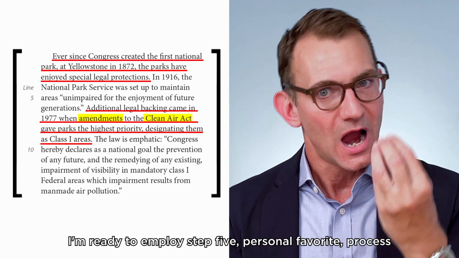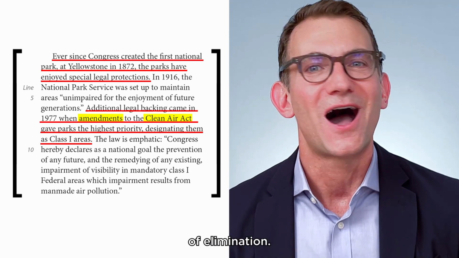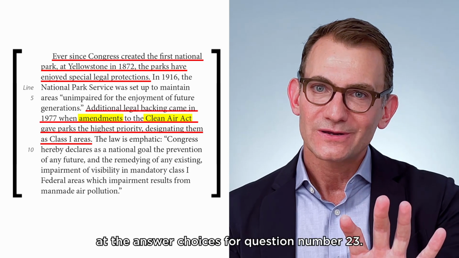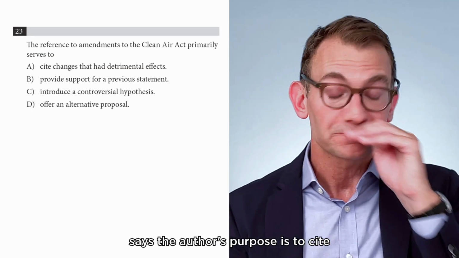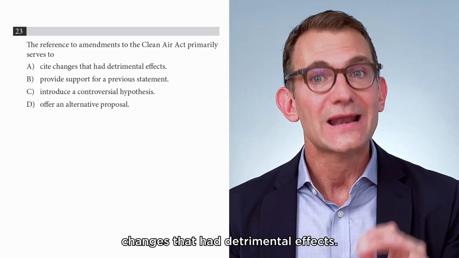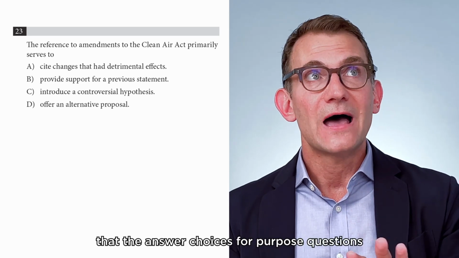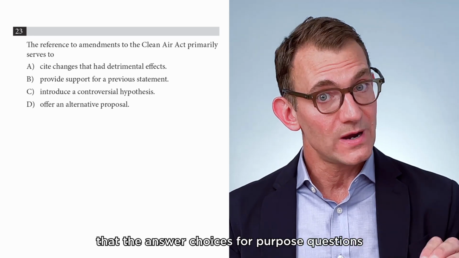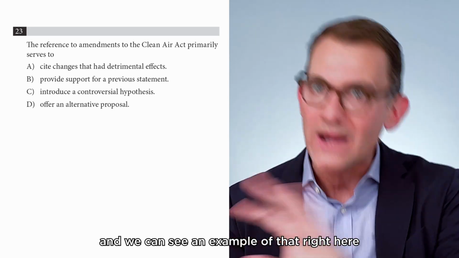And now I'm ready to employ step 5, personal favorite, process of elimination. Let's take a look at the answer choices for question number 23. Answer choice A says the author's purpose is to cite changes that had detrimental effects. Now, I mentioned earlier that the answer choices for purpose questions have abstract language, and we can see an example of that right here in front of us.